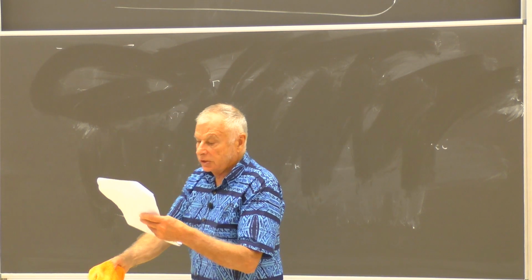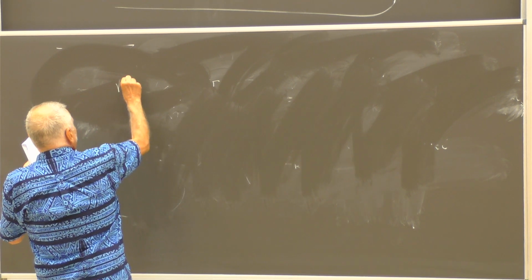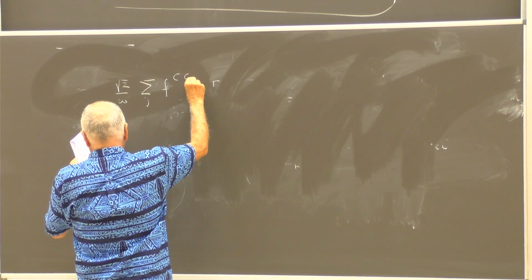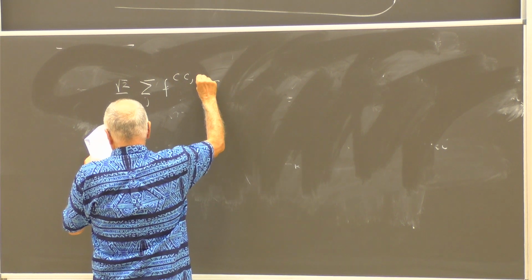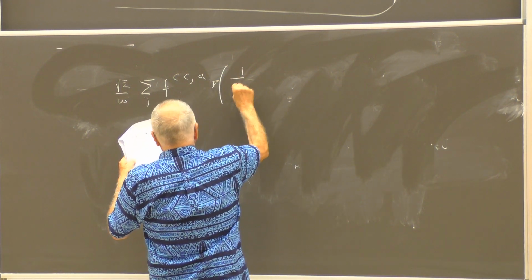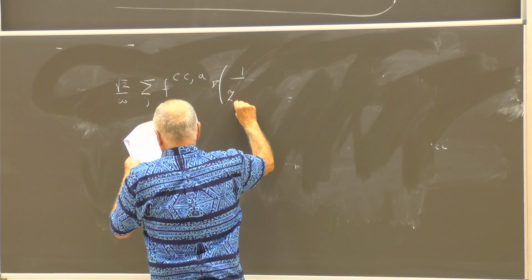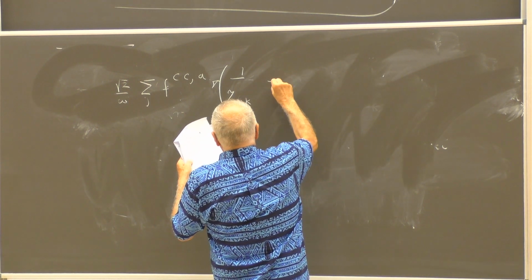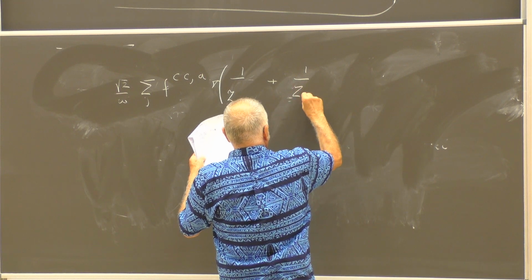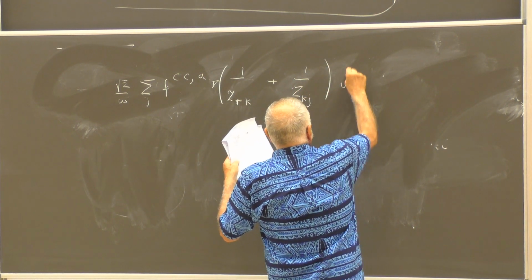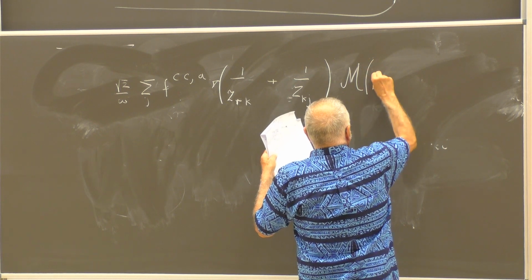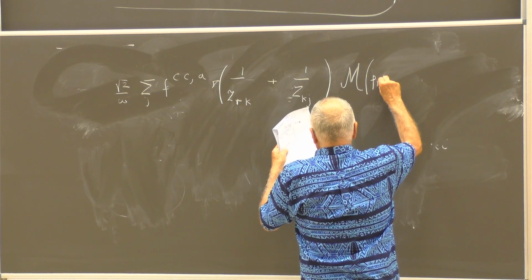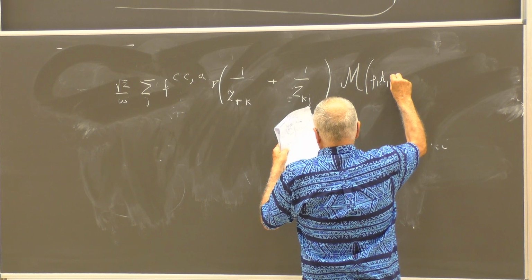This amplitude with one soft gluon is square root of 2 divided by omega, sum over J, f C_J A, and now I will get again 1 over Z_Rk, where R is the reference of the polarization vector, plus 1 over Z_kJ, times the amplitude in which now J1 was replaced by P1, H1, and C1.